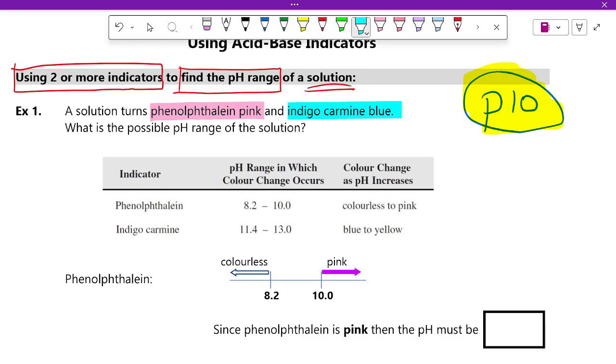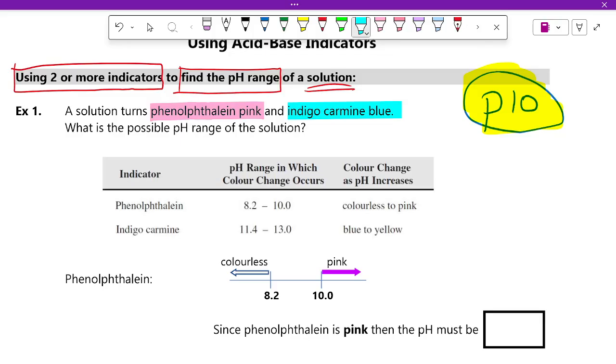So what that means is you've taken a sample of the solution and you've added some phenolphthalein, and the phenolphthalein turns pink. You've taken a second sample, and you've added some indigo carmine, and the indigo carmine turns blue. And now we're asking, what does that mean?